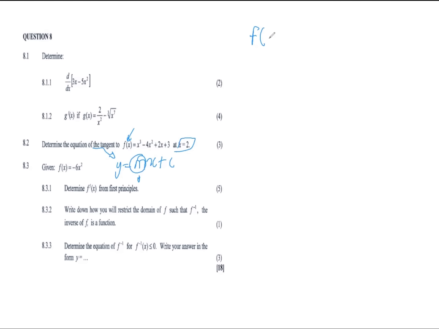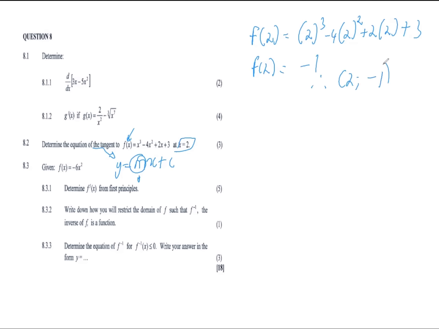So what is the y coordinate when x equals 2? I'm going to put 2 cubed minus 4 times 2 squared, plus 2 multiplied by 2, plus 3. When we punch all of that into our calculator, we end up with negative 1. So our coordinates will be (2, negative 1).